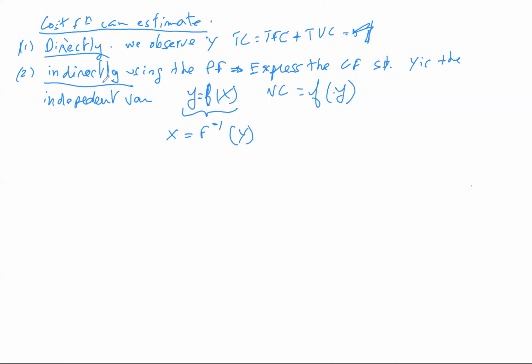If we express it indirectly, using the production function, then we are going to be expressing y as a function of x. If y is a function of x, the variable cost is actually always a function of y, right? And so if you have a production function of y, we need to get the x back over here.